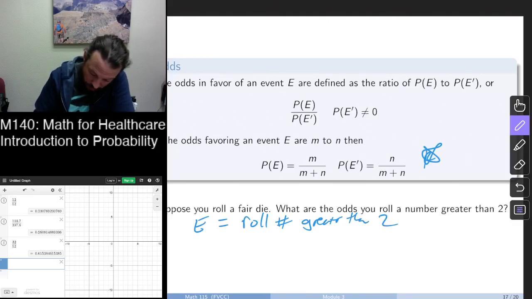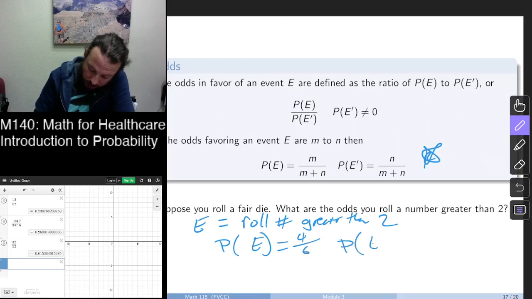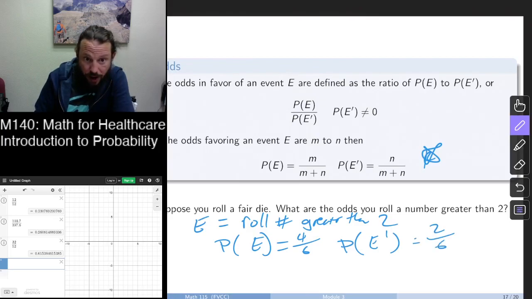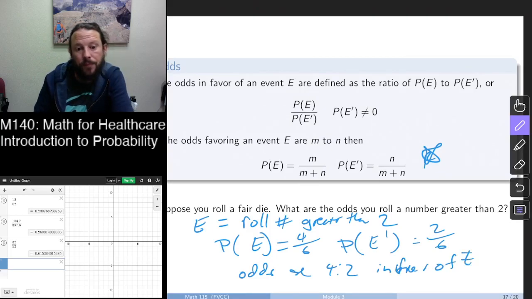The probability of E is, we got 3, 4, 5, and 6, so that's 4 out of 6. And automatically the complement is 2 out of 6. And so the odds are 4 to 2 in favor of E.